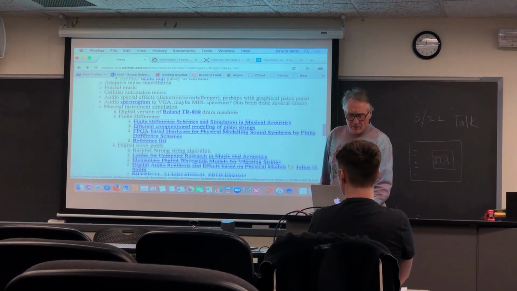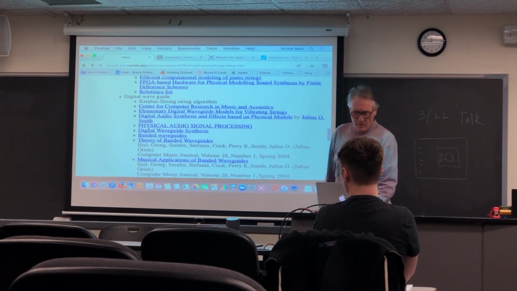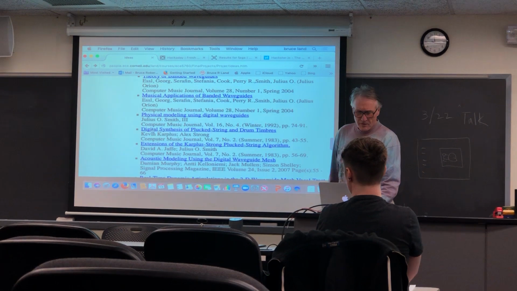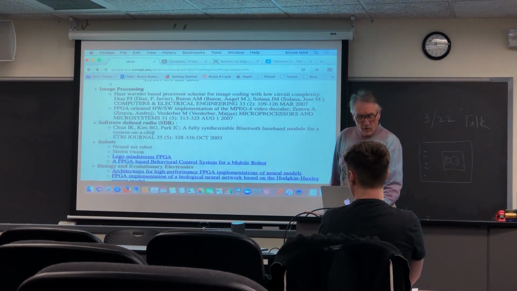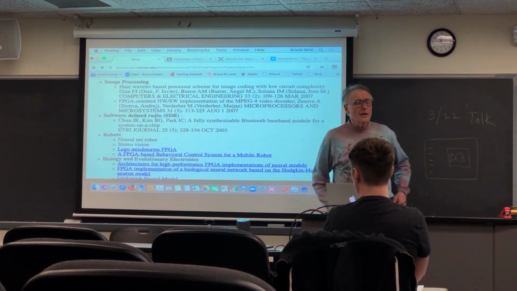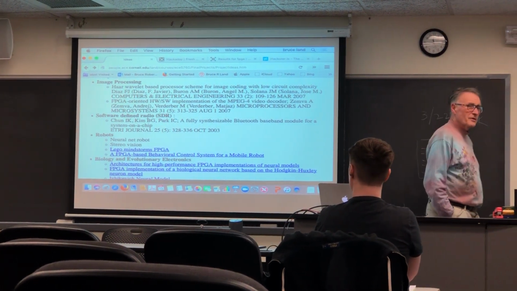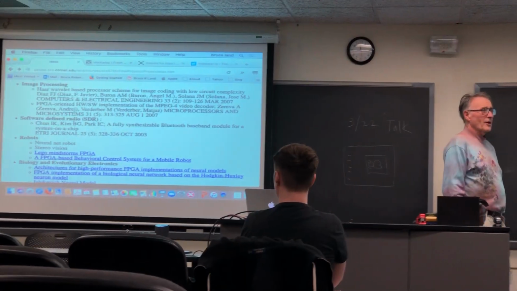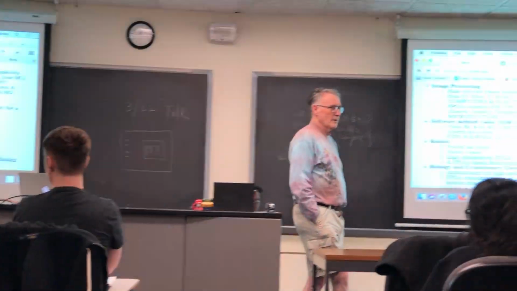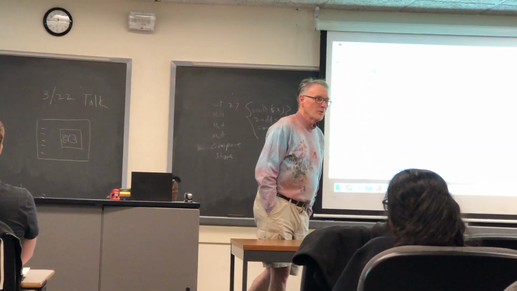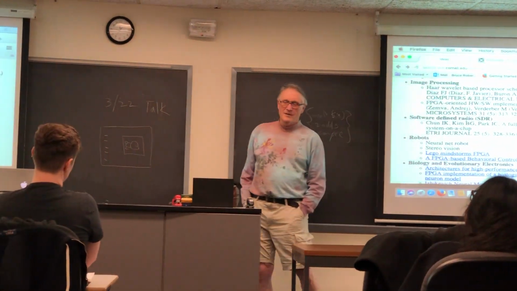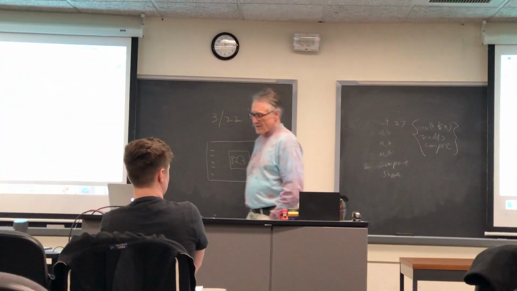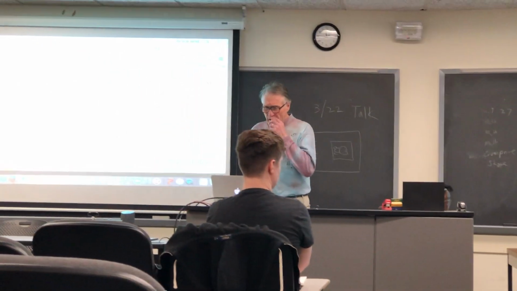And then various kinds of musical instruments that I've looked into a lot more than some of these other things, so I have lots of references to them. Some image processing. Oh, software-defined radio. You can make a fairly adequate software-defined transmitter on this chip, which would be illegal unless very carefully handled.